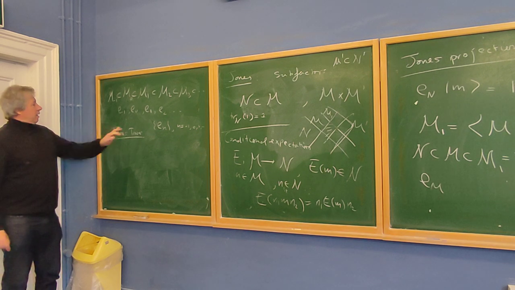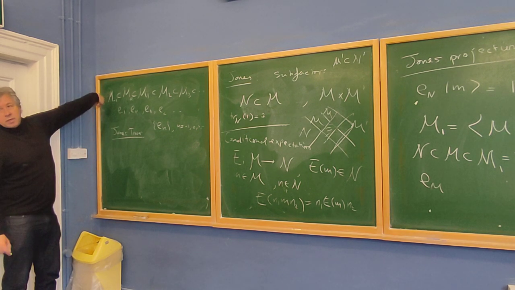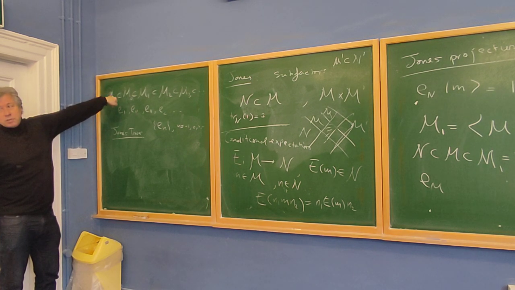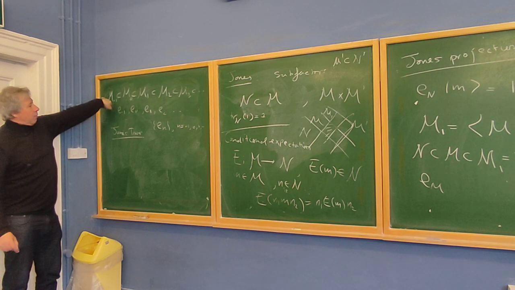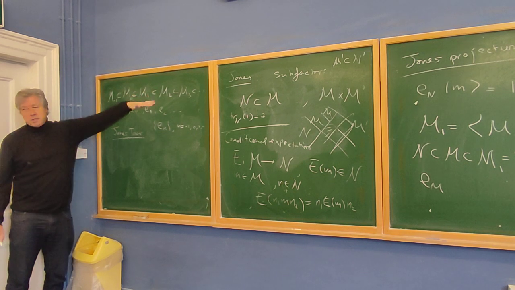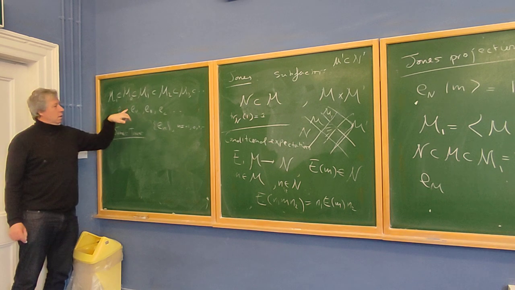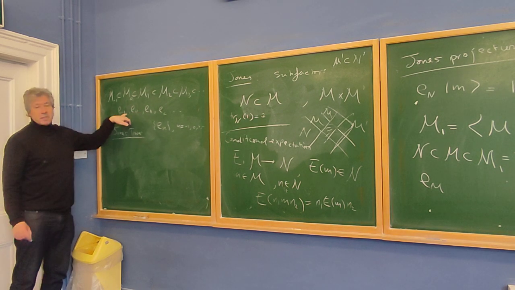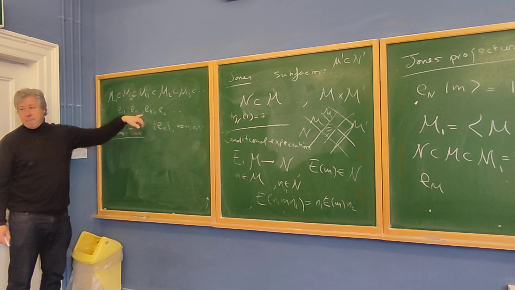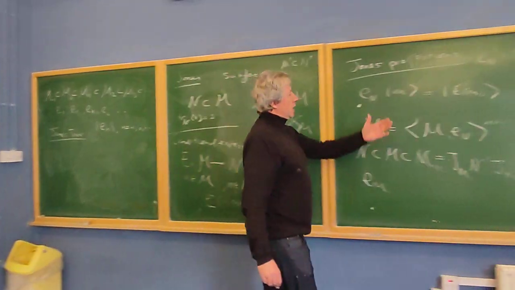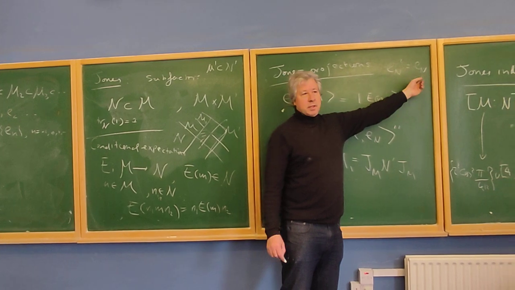You may wonder whether there is a generalization also that goes the other way. It is actually possible, but it's not unique. It's called the Jones Tunnel. But I won't need it. I will be talking about this tower because what I want to be telling you about is what are the operations or the relations that these things satisfy. We already know that each one of them is a projector, so they will satisfy these relations.